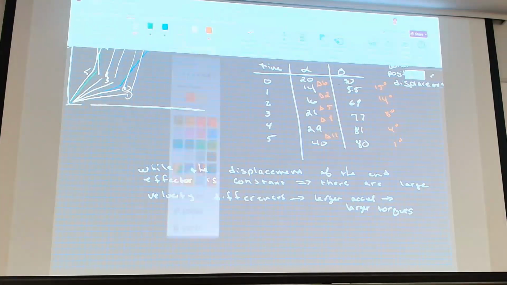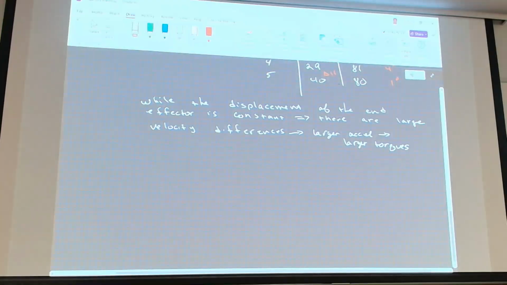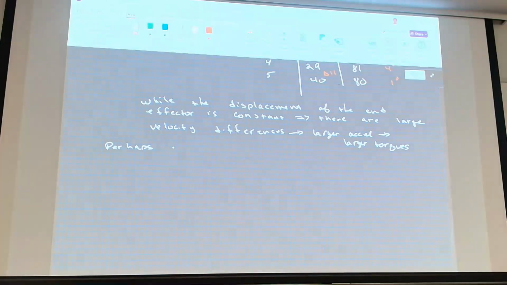So what we see is perhaps constant L is a bad idea. I think we all agree, yes?